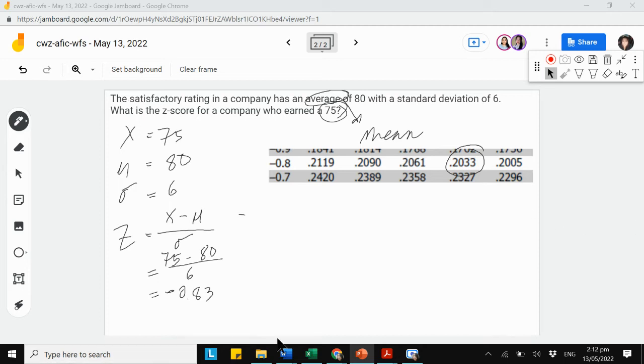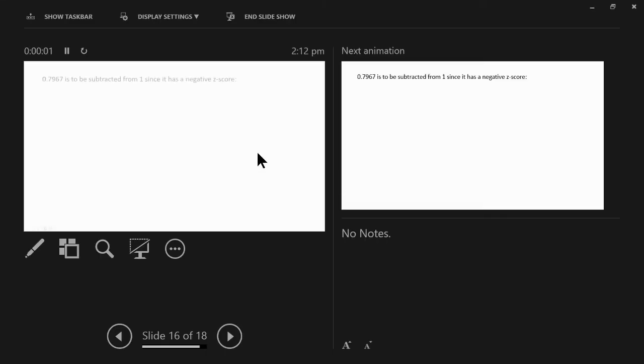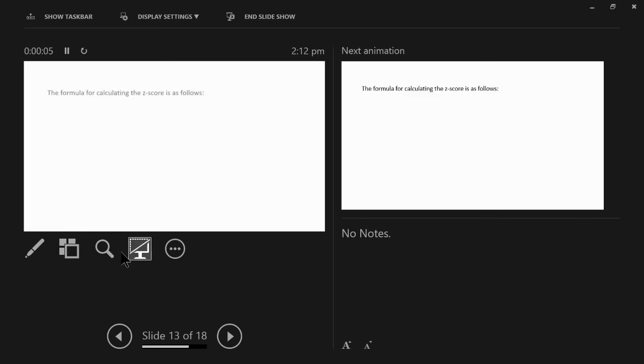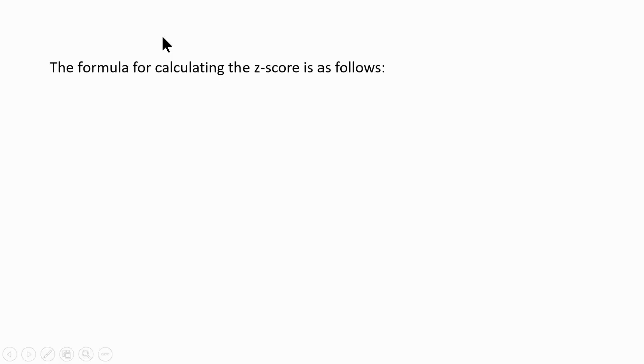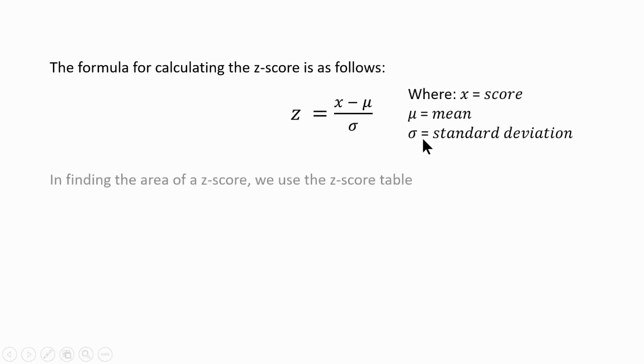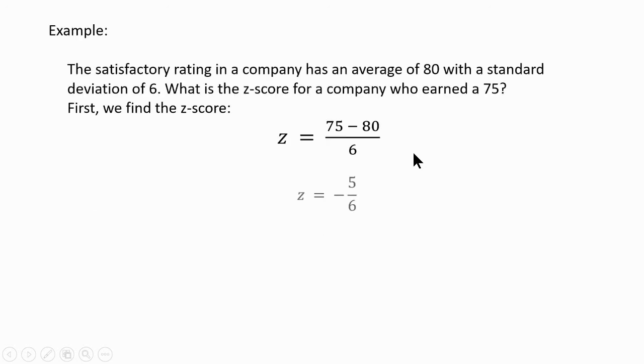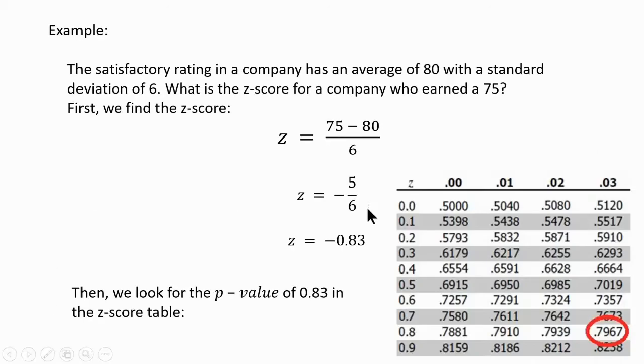Sorry, I opened the wrong PowerPoint. It's on another page. Wait, guys. This is it. Since we're using this part, 0.83 is positive, 0.7967. That's correct, since we're using a positive table.